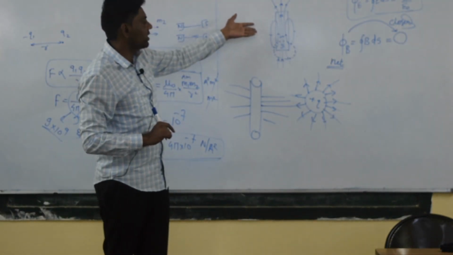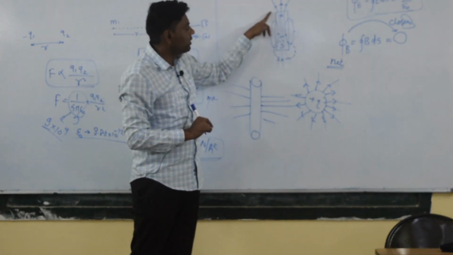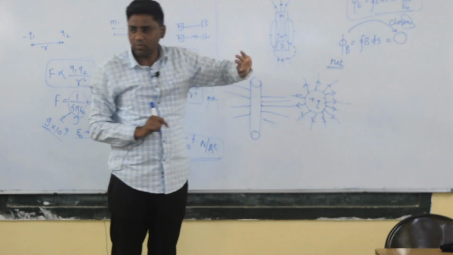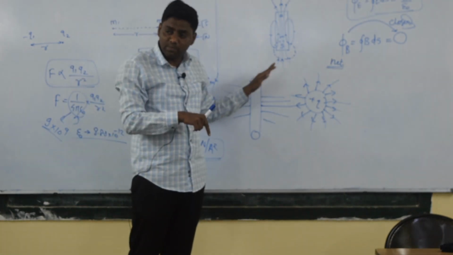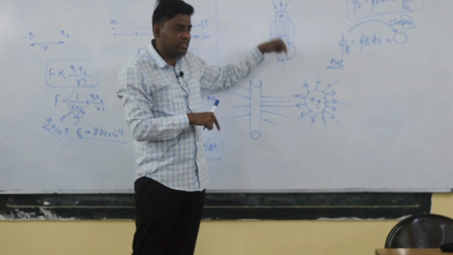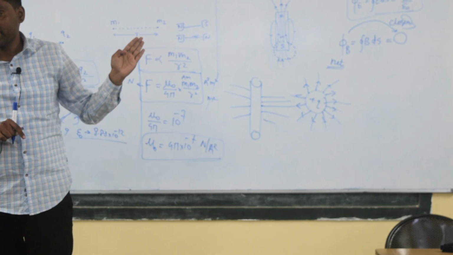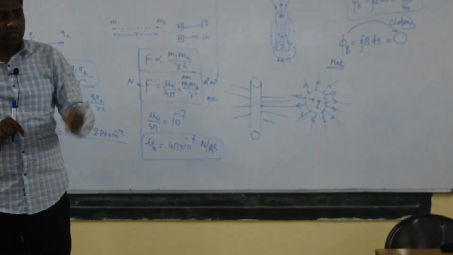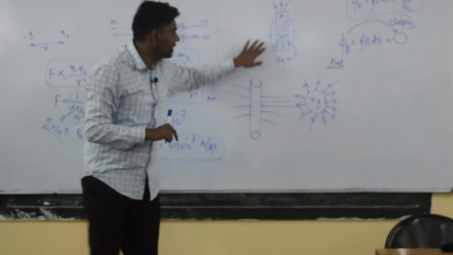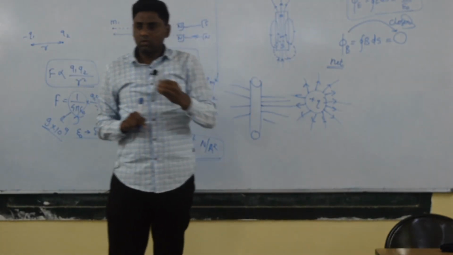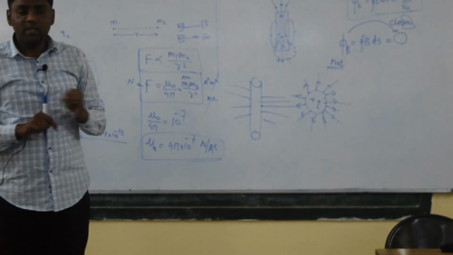So if monopole does not exist, whenever we draw the Gaussian surface at any pole, either N pole or S pole, the observation is always that the total number of magnetic lines of force entering is exactly equal to the total number of magnetic lines of force leaving. So what is the net magnetic flux? That is 0. According to that we can say that Gauss law for magnetism implies that monopole does not exist.